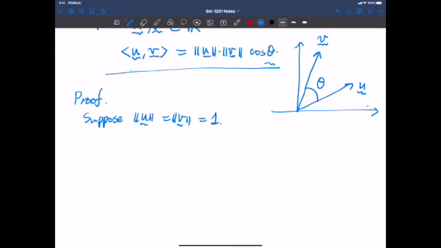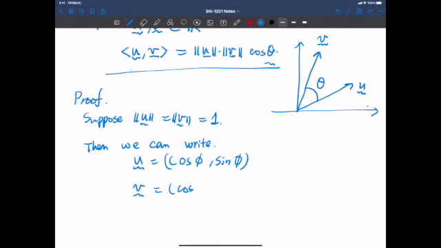Then we can write u as cosine phi and sine phi, and v as cosine psi and sine psi, where phi and psi are the angles between these vectors and the horizontal axis.